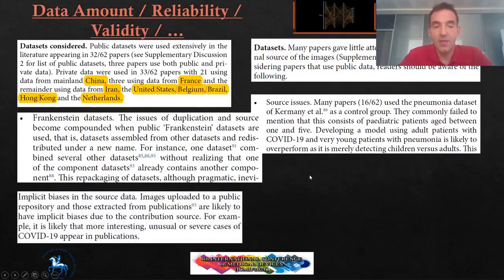Now, another source of bias is the implicit biases. The images uploaded to a public repository and those extracted from publications are likely to have implicit biases due to the contribution source. For example, it's likely that more interesting, unusual, or severe cases of COVID-19 appear in publications.